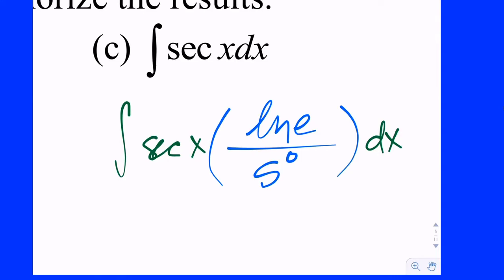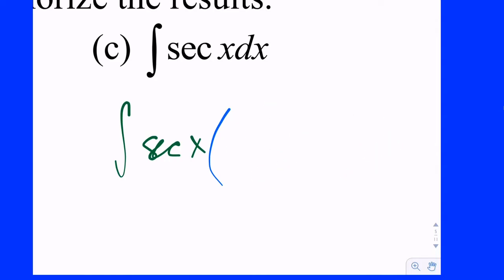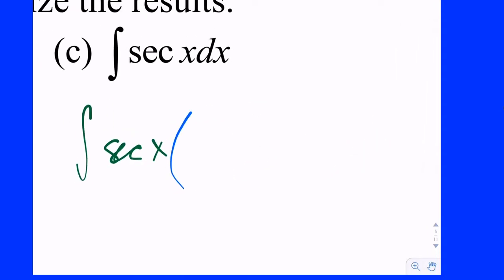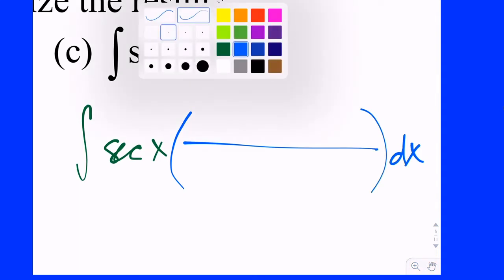Does it help? No. So you have to have the insight knowing what to multiply by so that it fits a pattern that you recognize. And for secant, what was the derivative of secant again, Schroeder? Secant tangent.